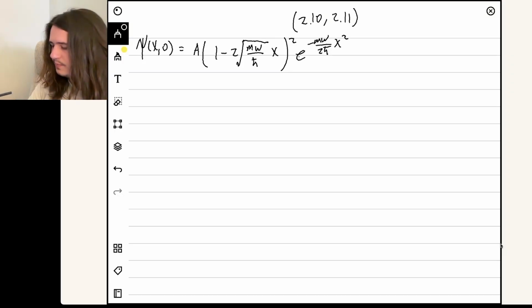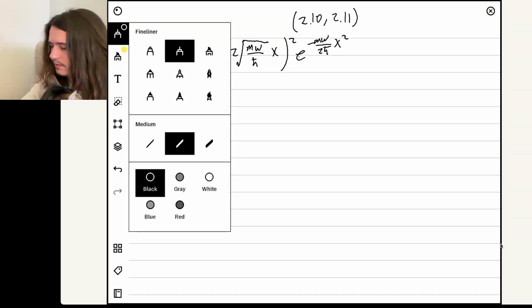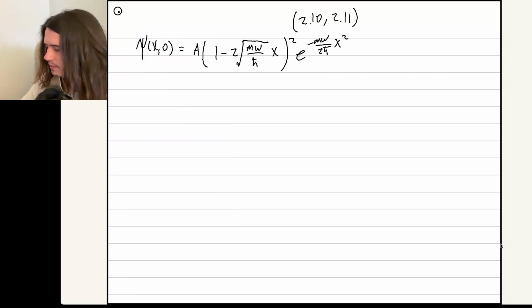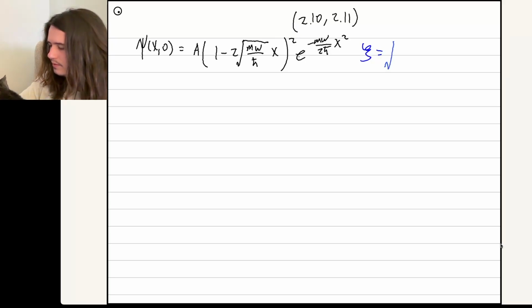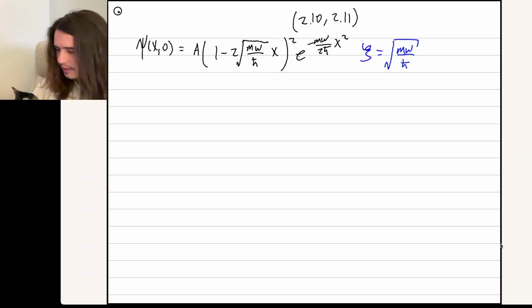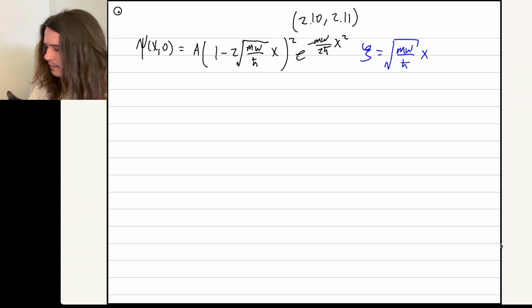So in the section of chapter 2 where Griffiths talks about the harmonic oscillator, he defines this variable xi, which is just root m omega over h bar times x for brevity, and so I'm going to use that here actually.